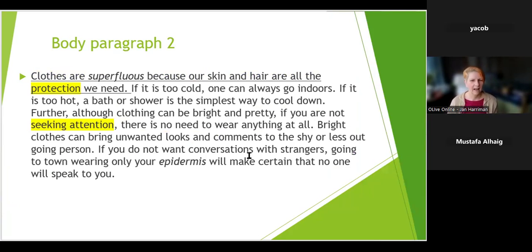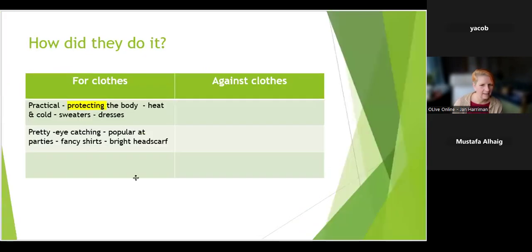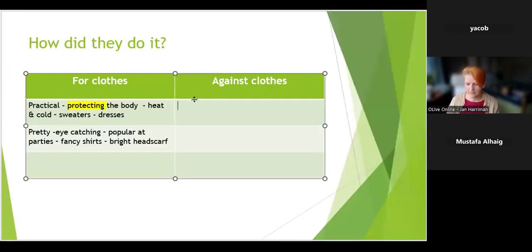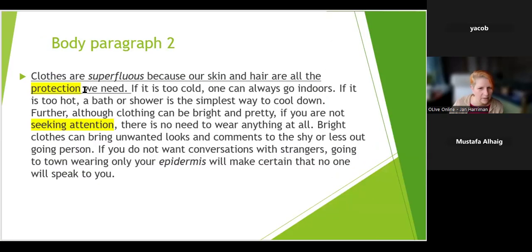Our first word there, as you see, there we go, was protection, right? Okay.